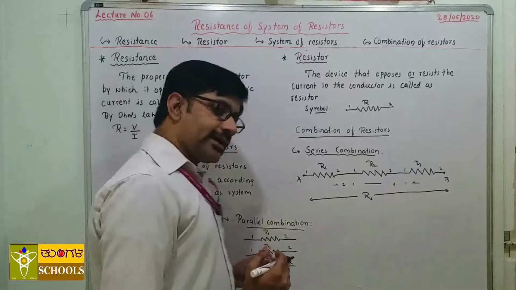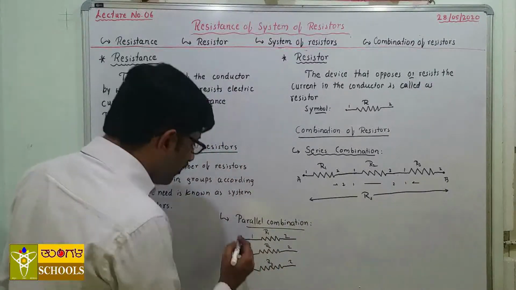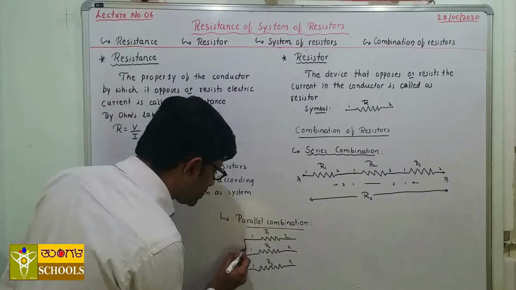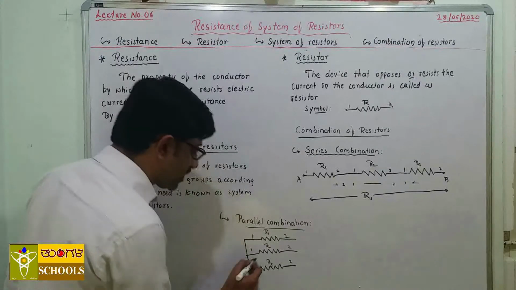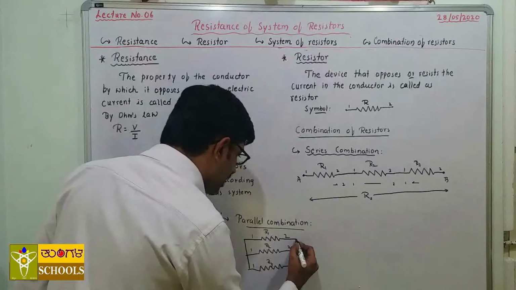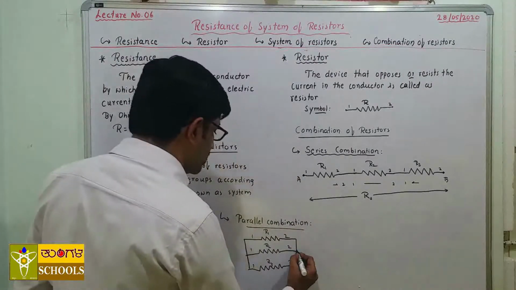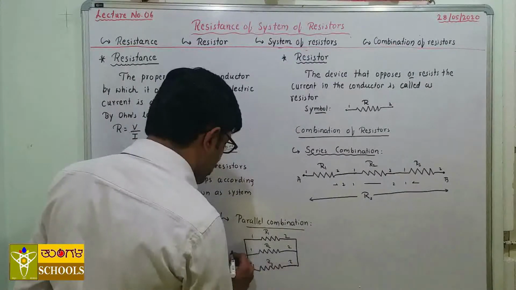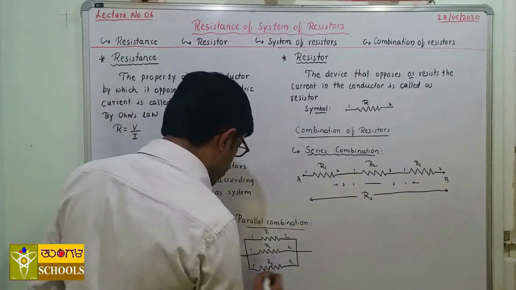If you are connecting the parallel combination, take care that the first end of the first resistor goes to the first end of the second resistor, and the first end of the first resistor goes to the first end of the third resistor. Similarly, the second end of the first resistor goes to the second end of the second resistor and the second end of the third resistor respectively. So this combination is known as parallel combination.